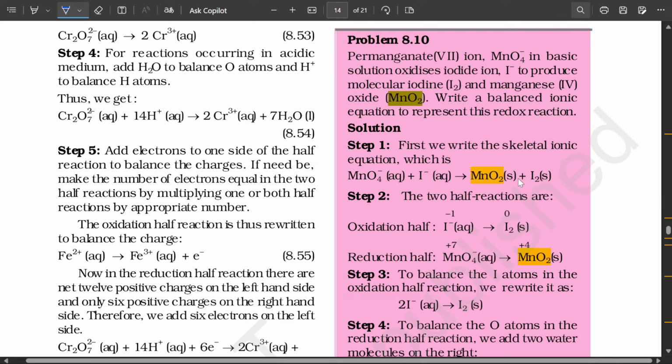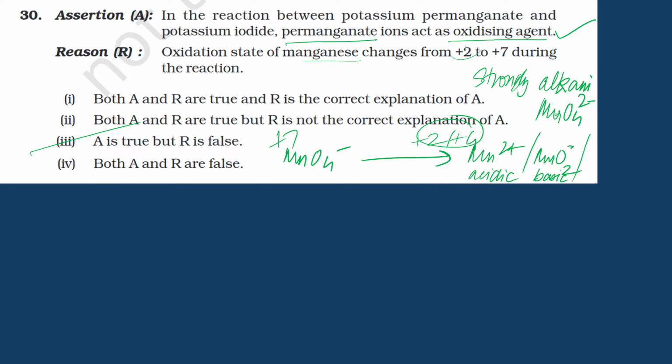In basic medium, permanganate gives MnO2 with iodide, right? So unless the medium is specified, you can't be sure. This is one of those googly kind of questions. In 11th grade, it feels like, bhai. In 12th, you're like, that's okay, this is not that big a deal. But in 11th, this may be an uphill question.